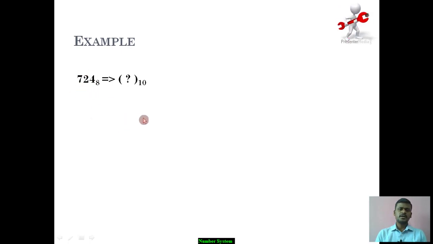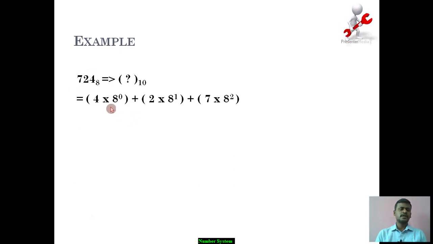We write these as an equation: 4 into 8 raised to 0, because it is in the 0th position, plus 2 into 8 raised to 1, plus 7 into 8 raised to 2.